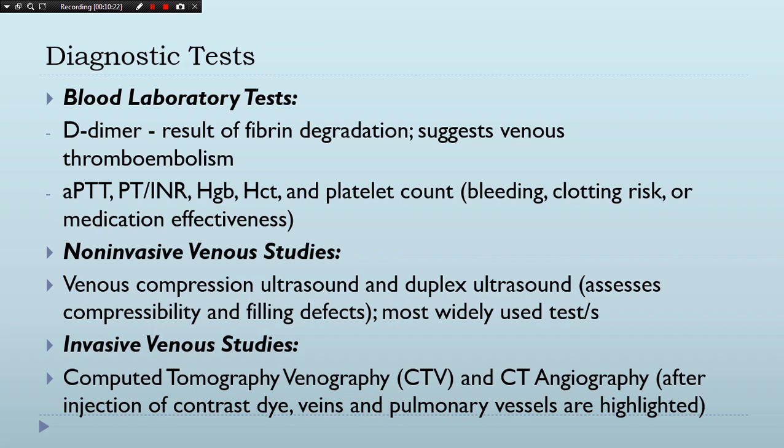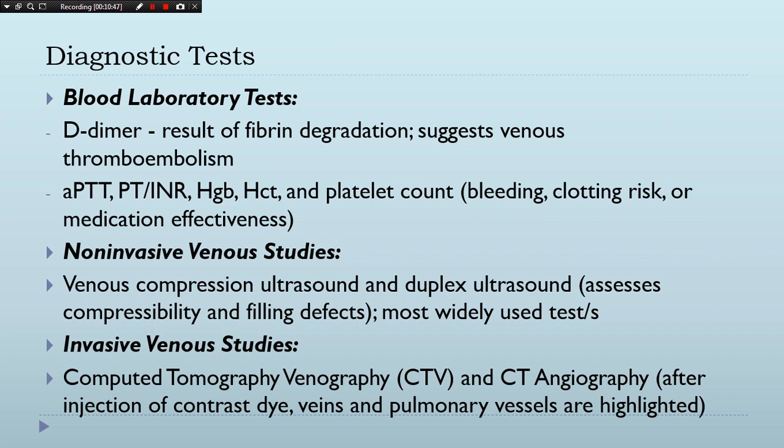Some non-invasive tests that are kind of the gold standard to diagnose or assess a blood clot are a venous compression ultrasound or a duplex ultrasound. It's going to assess the compressibility of a vein, and it's going to assess blood flow and filling defects in the vasculature system. It's going to be one of the most widely used tests.